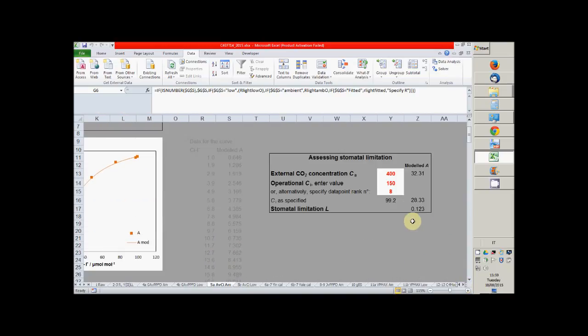In the additional features, we can evaluate stomatal limitation. The procedure is analogous to the graphical method, apart from the fact that here we are using the fitted hyperbola to find the values for assimilation under the different CO2 concentration.